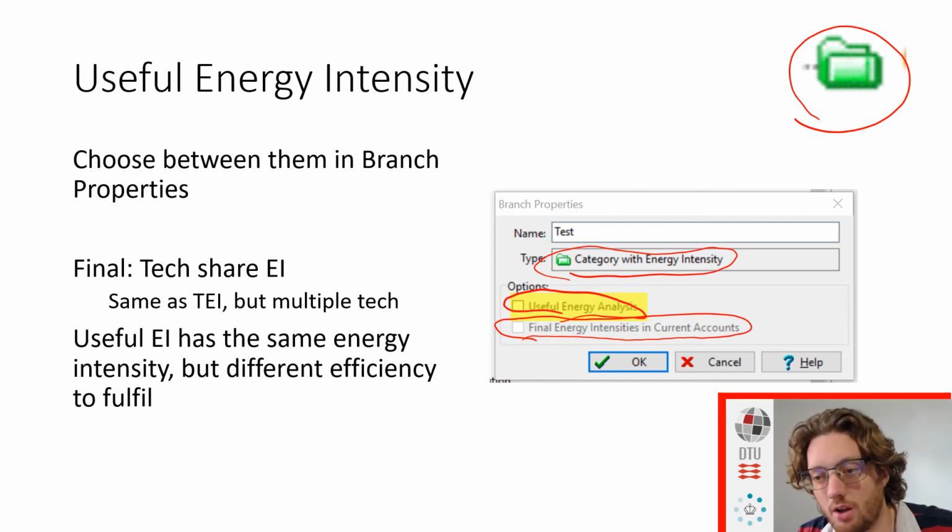If you take that on, there will actually be a difference in the scenarios. So all prediction scenarios will use useful energy analysis, and the current account scenario will use final energy intensities in current accounts. And that's because quite often in the statistics you're working with, you can maybe see the energy consumption and how much of the energy consumption was in the different fuels, but nothing else.